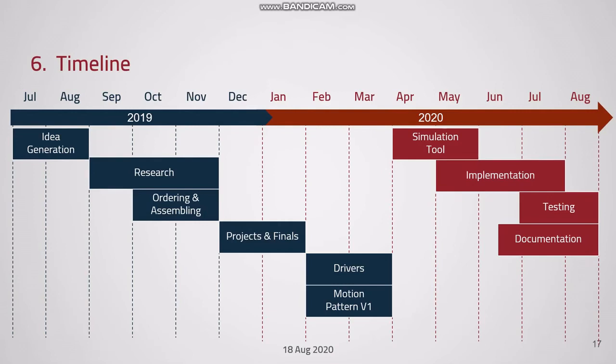So after getting the permission to work on the simulation tool, we started implementing that working algorithm on the simulation tool. Then we implemented the walking pattern of the robot on inclined floors, and we implemented the path module. After that, we were testing our project, and we started our documentation in June.